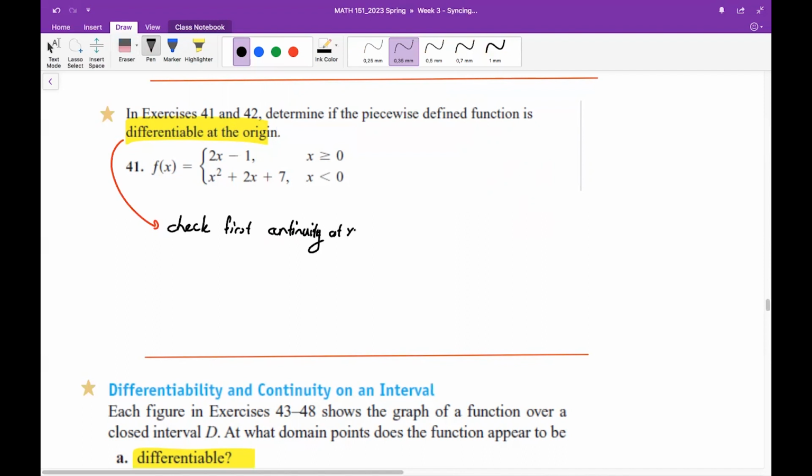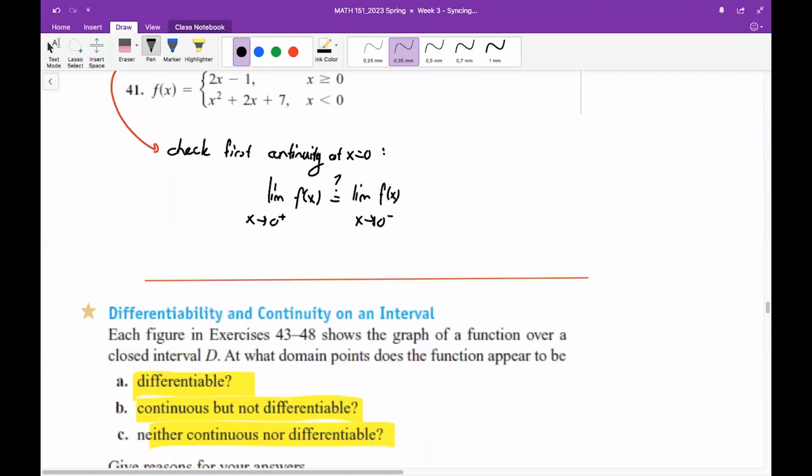Continuity at x equals 0, at the origin. How do we check that? We look at one-sided limits, right? F of x, as x goes to 0 from the right. We need to check whether the one-sided limits are equal or not. If they are the same, the limit exists. If the limit is the same as the image of the function at the origin, then you can conclude that it is continuous. But let's check the one-sided limits first.